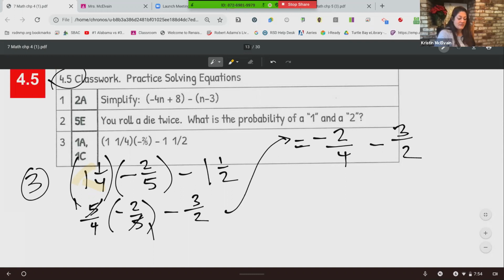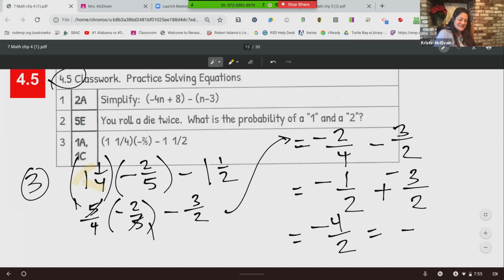To get the same denominator, I can actually simplify negative 2/4, and that simplifies to a negative 1/2 minus 3/2, which of course we're going to add the opposite, and it makes it real easy to see. We're going to combine those into negative 4/2, which of course simplifies to negative 2. It's the answer for number 3.